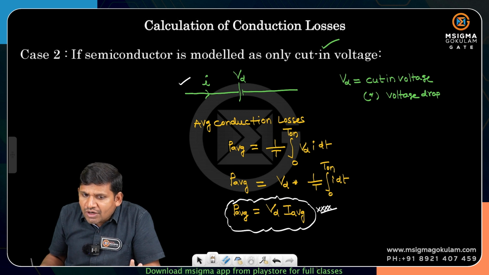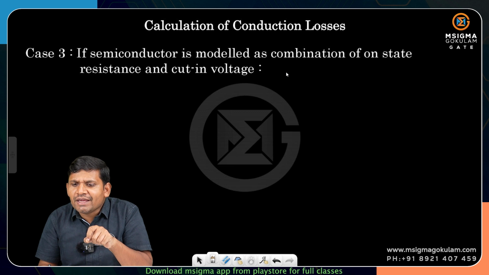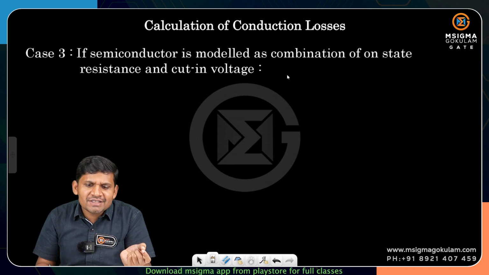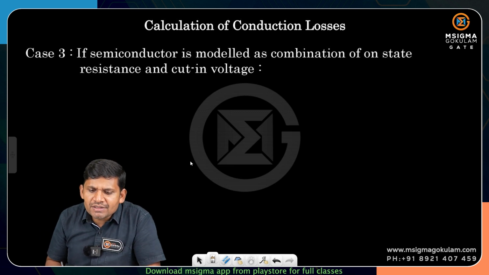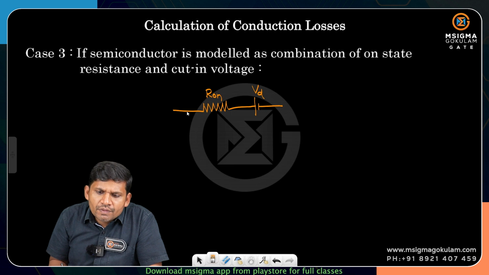Then the third observation, case 3. If the semiconductor is modeled as a combination of resistance and cut-in voltage, that is, R on and the voltage drop or cut-in voltage, how do we calculate the conduction losses, students?